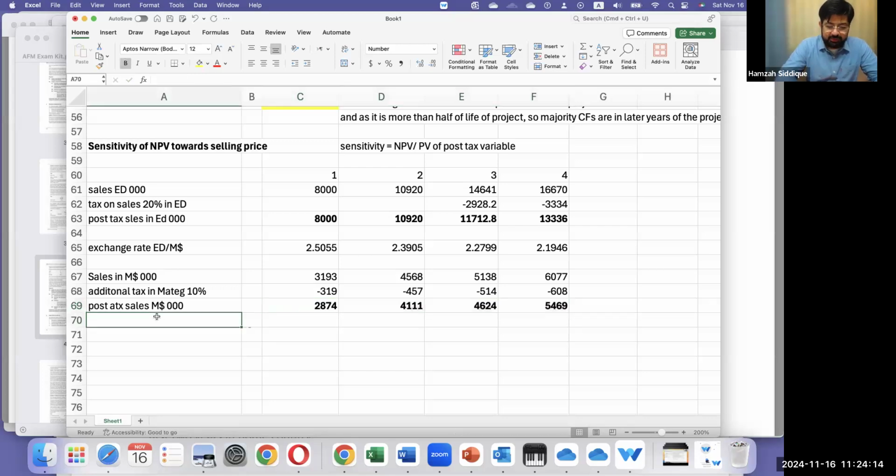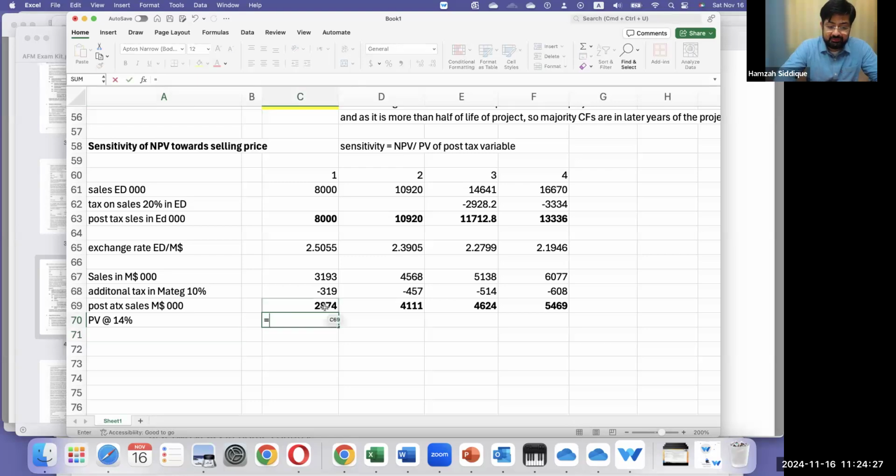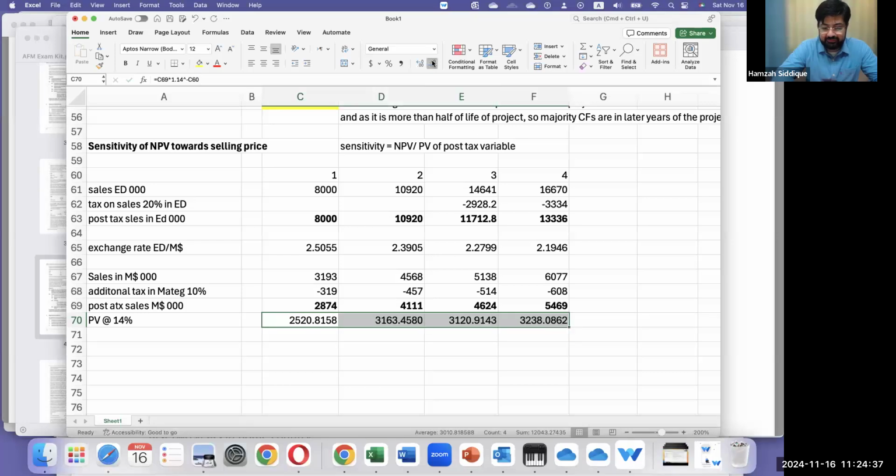The next point is present value. Now we will take the present value of post-tax variable at the rate of 14%. The discount rate. This into 1.14 raised to the power minus this. Yes.